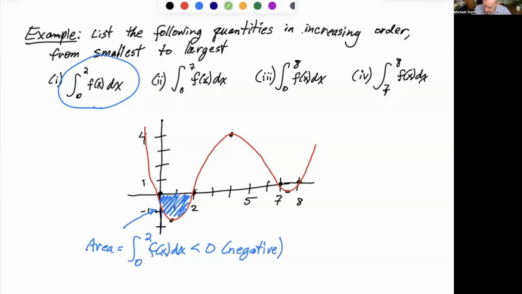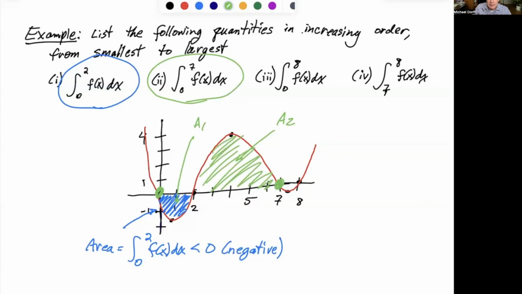So if we find another integral that's above the x-axis, we know that this blue one that I just circled is negative, so it's going to be less than anything that has a positive area. All right, let's look at number 2. The integral from 0 to 7 of f of x dx. 0 to 7 means I'm going from here to there. If I look at this, there are really two components here. There's the blue component that we already talked about being negative, and there's also this. So I can think of this as area 1 and area 2. Notice that area 2 is much larger than area 1. Also, area 1 we saw earlier is negative and area 2 is positive.